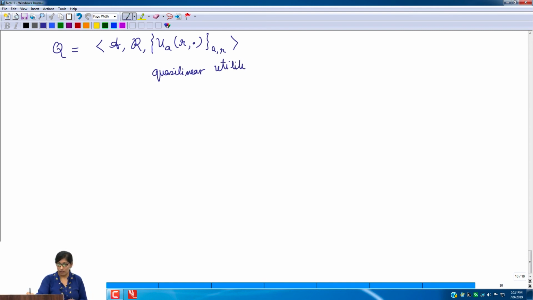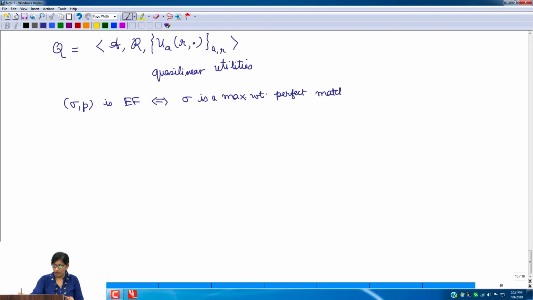So sigma comma p is envy-free if and only if sigma is a maximum weight perfect matching in the corresponding valuation graph GQ. This is a very, very strong characterization we have under the model of quasi-linear utilities.